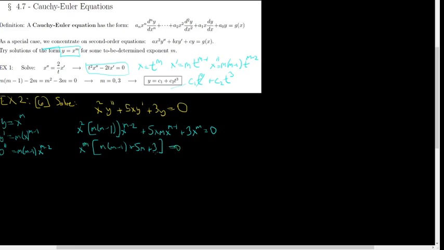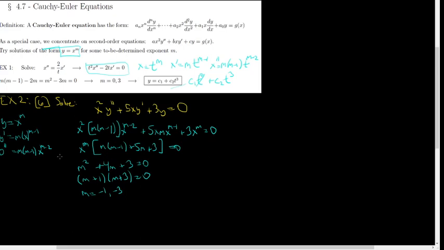You can divide by x to the m, assuming x is not 0 here. When you multiply this out, you get a quadratic equation: m squared minus m plus 5m is plus 4m, plus 3 equals 0. That you can factor: m plus 1, m plus 3 equals 0. That gives us two solutions, -1 and -3.